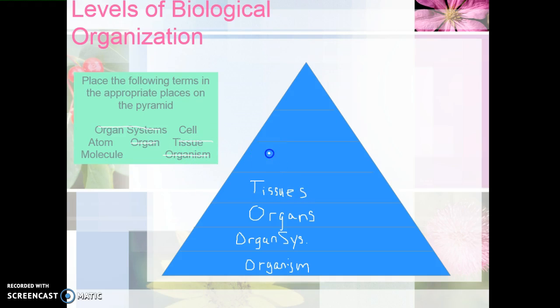Tissues are made up of cells, which are made up of molecules. If you've had physical science already, you would have talked about a lot of these molecules that make up life and what a molecule is. Molecules are combinations of atoms that are chemically put together. You should be able to fill that out in your notes packet. If you're writing your own notes, you could make this fit into one huge triangle instead of two separate ones.